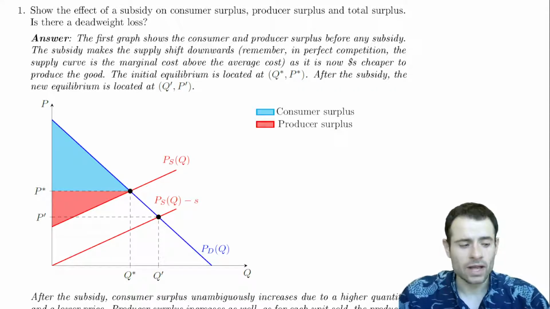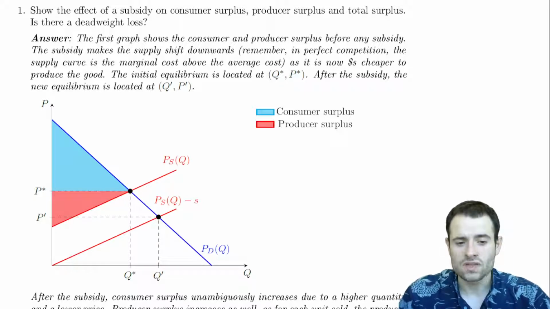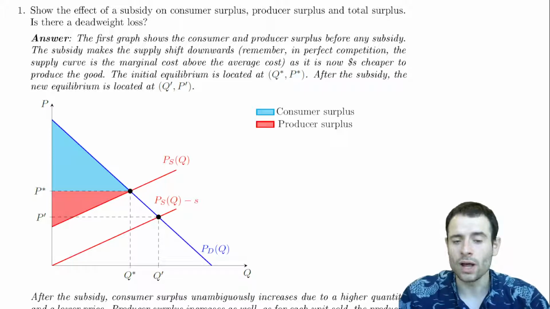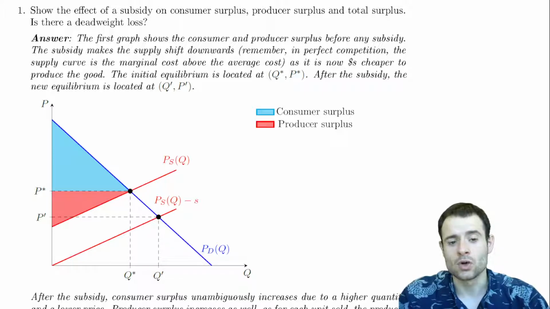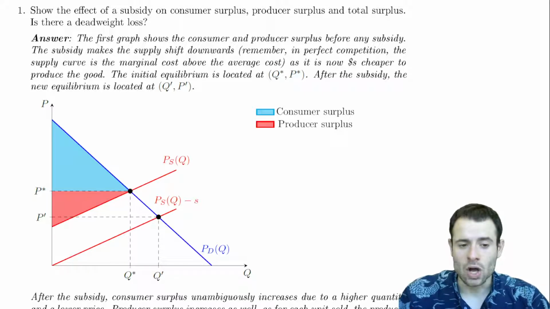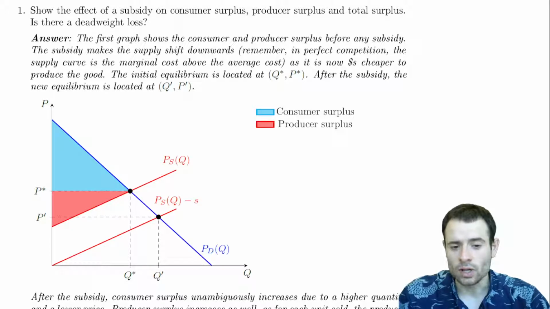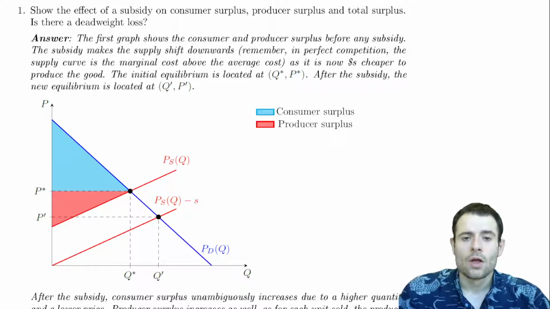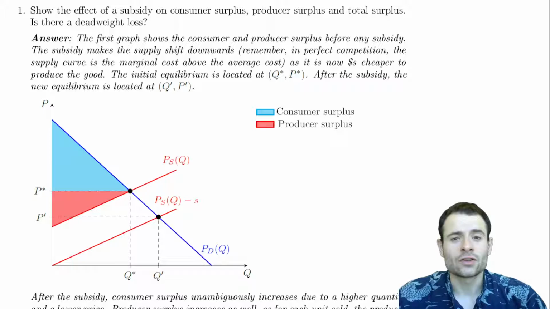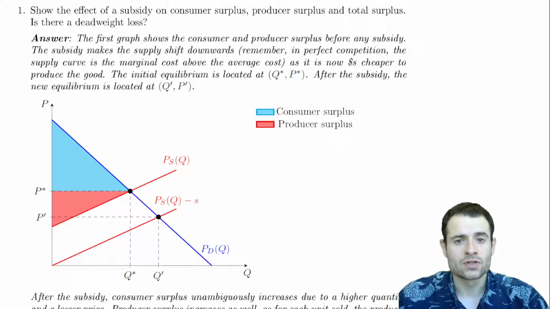Well, before even getting to the next graph, we can already imagine that since a higher quantity is being sold at a lower price, consumer surplus is going to increase. We are going to look at the impact on the producer surplus as well. But you also have to factor in the government surplus.